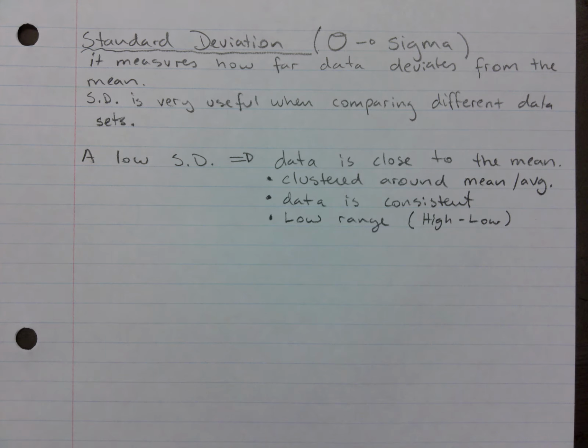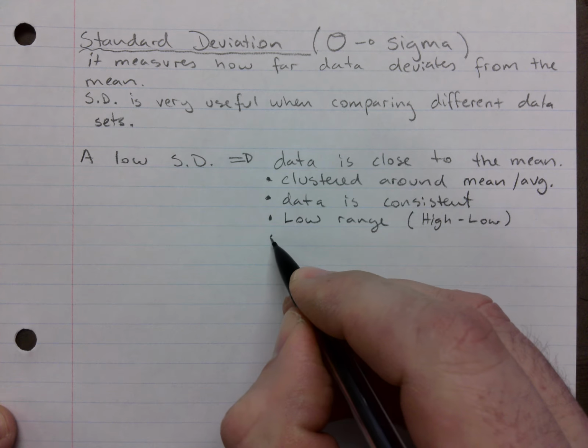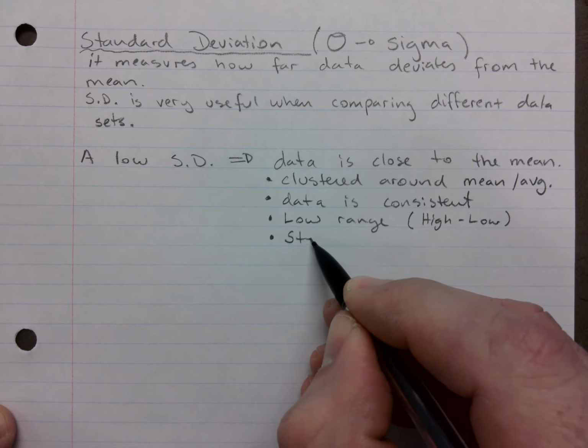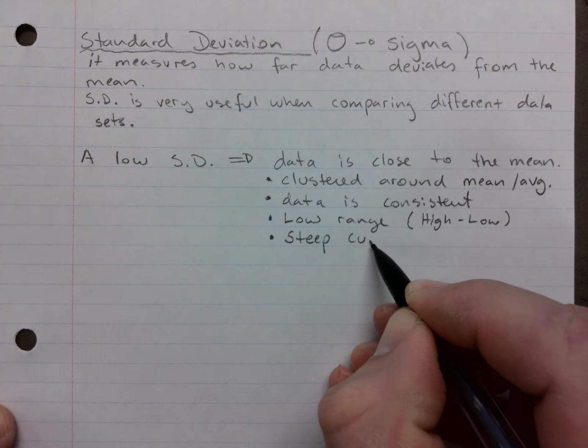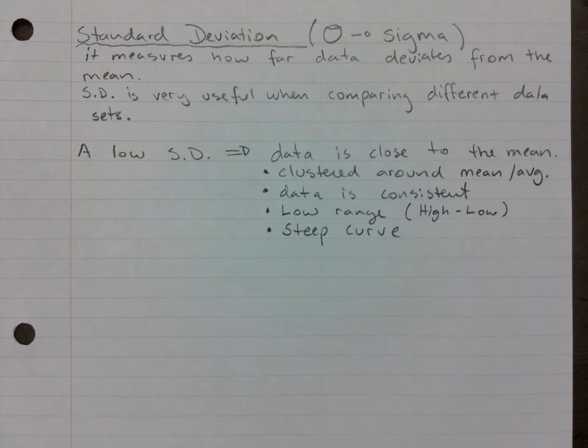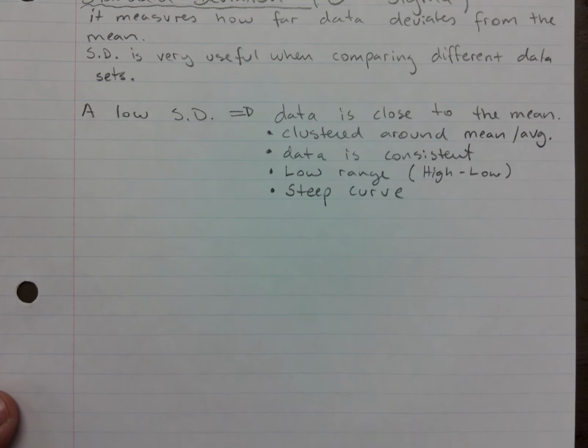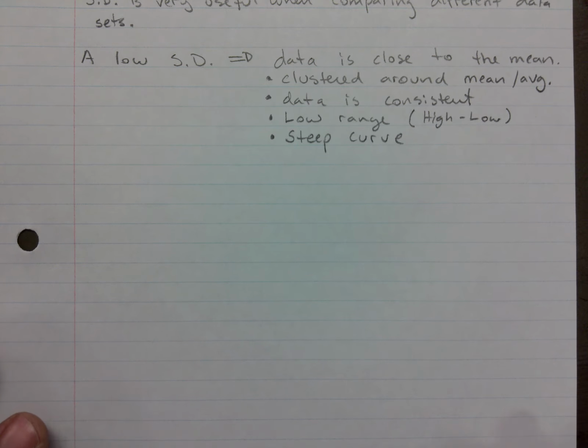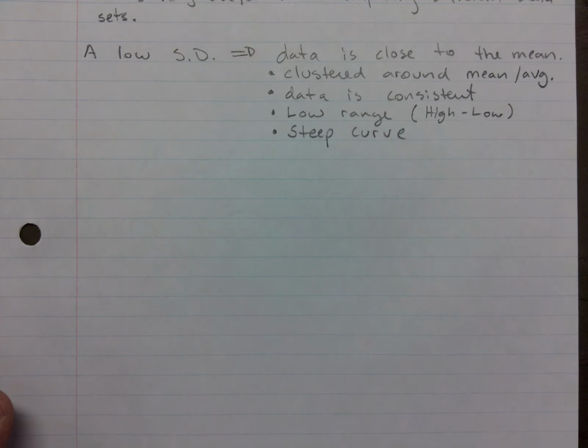If the high and the low, if that difference is big, everything is spread out, right? I will add this to steep curve, right? If the standard deviation is low, the curve will be steeper, right? So for hospitals, a low standard deviation is a problem, right? Because that means that you will get a lot of people at once, right?